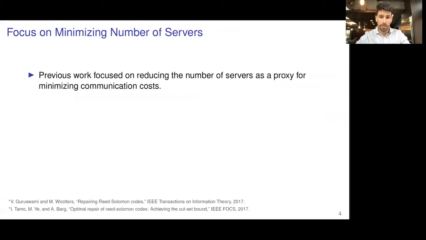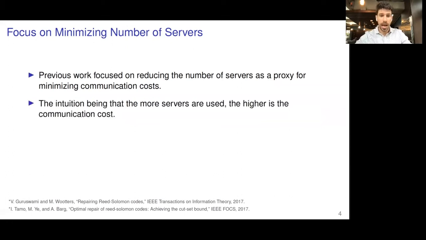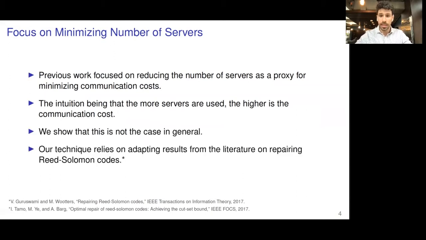Most of the techniques to approach the communication costs for the SDMM problem mainly focused on reducing the number of servers to minimize the communication costs. The main idea behind that is the more servers used to compute the matrix multiplication, the higher the communication cost. We'll be showing here today that this is not the case in general.